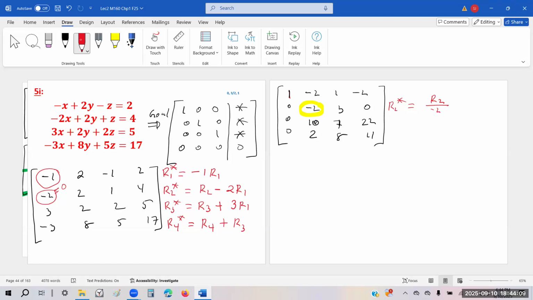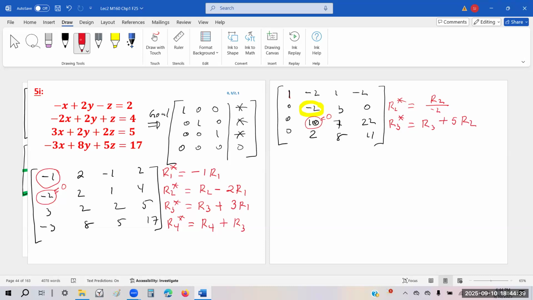Then the 10 we want to be 0. So we can multiply row 2 by 5 and then add. So row 3, the new one, is current row 3 plus 5 times row 2. If you multiply this by 5, we get -10. Add with the 10, it turns to 0.